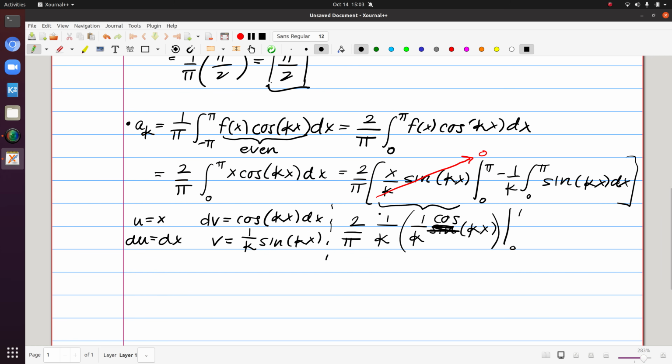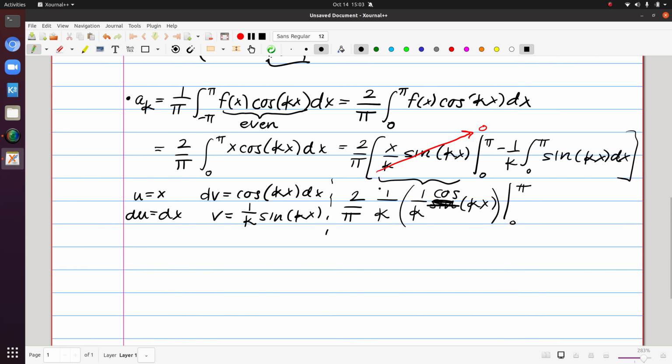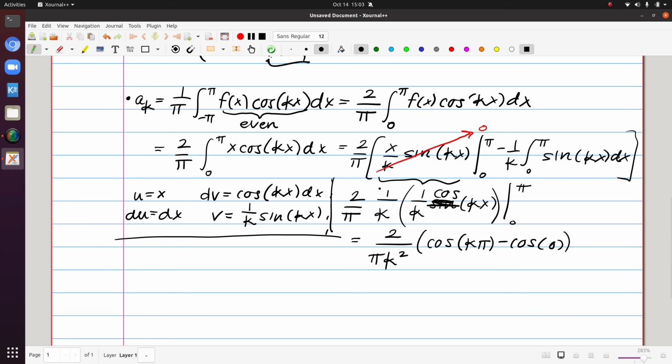And we're evaluating this from x equals 0 to x equals pi. So when we do this, we are going to end up with 2 over pi k squared times cosine of k pi minus cosine of 0.